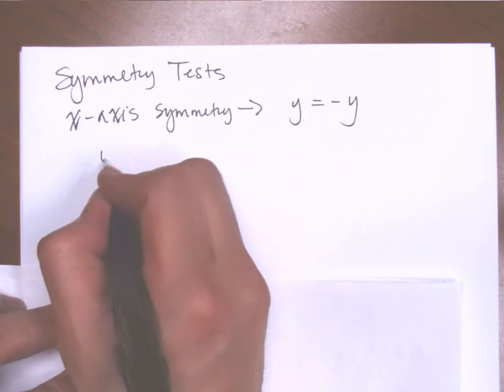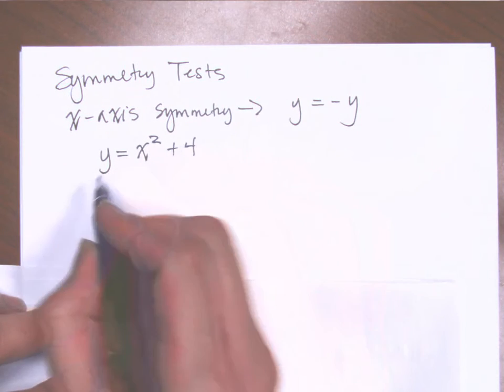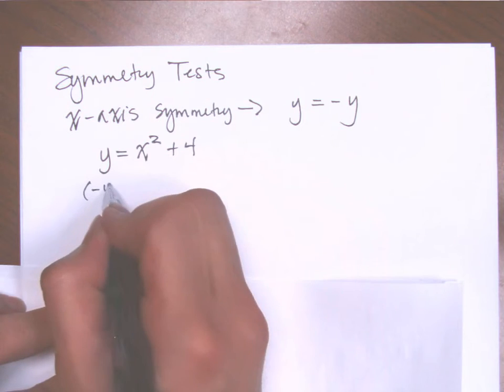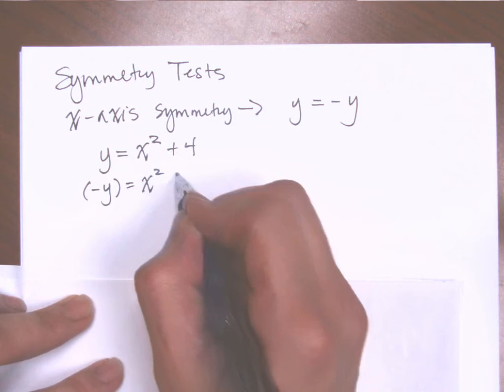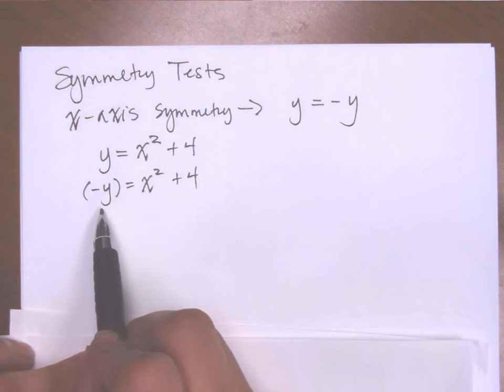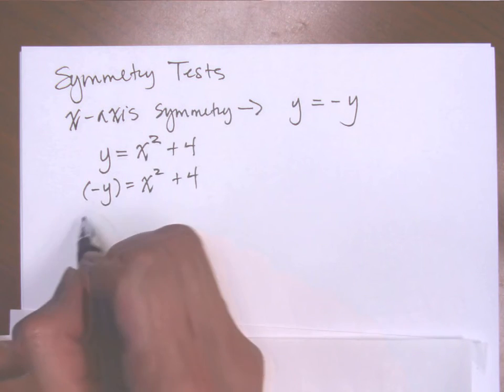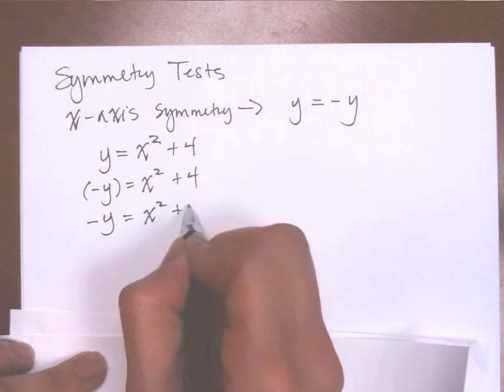So my original equation was y equals x squared plus 4. I have negative y, plugging in now, equals x squared plus 4. I plug it in parentheses out of habit, but I don't actually need them on that y, so I have negative y equals x squared plus 4.